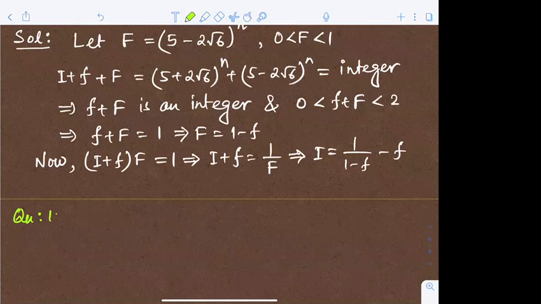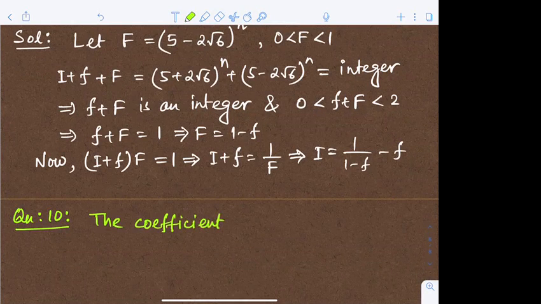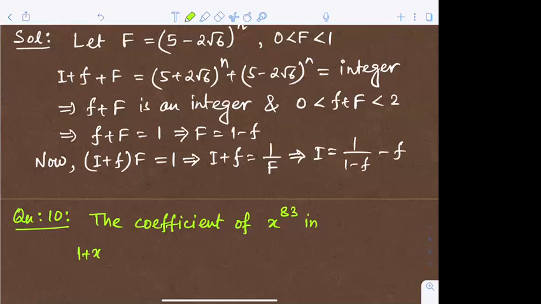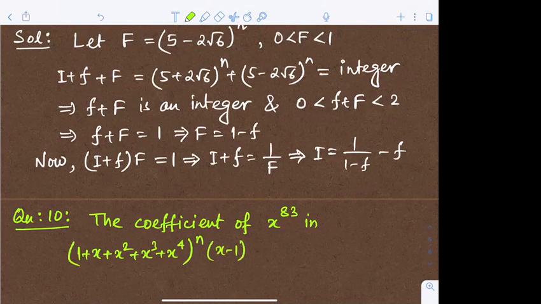Question number 10. Here you have to find the coefficient of x to the power 83 in (1 plus x plus x square plus x cube plus x power 4) whole to the power n into (x minus 1) whole to the power n plus 3.